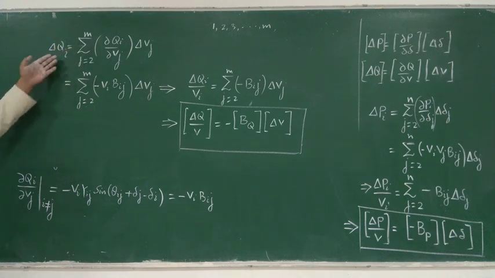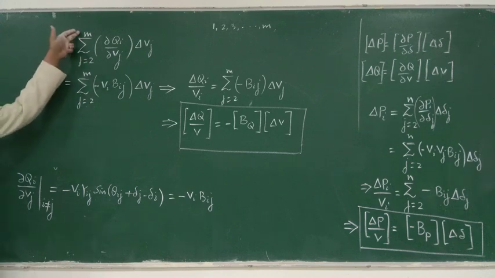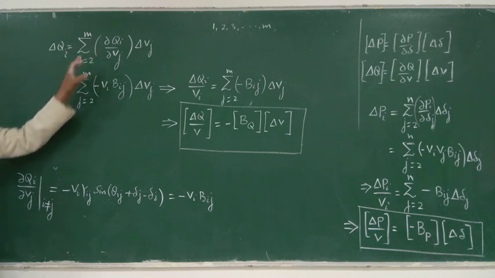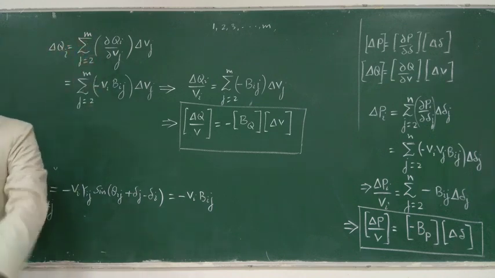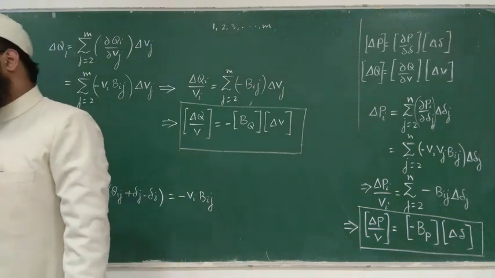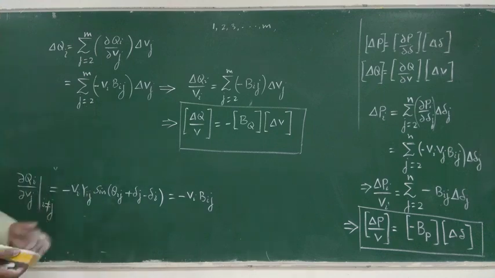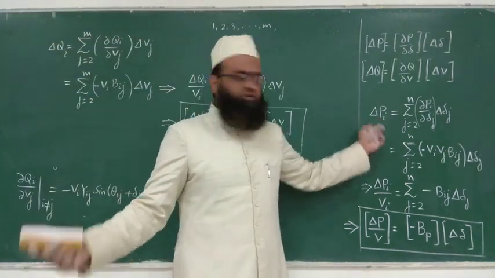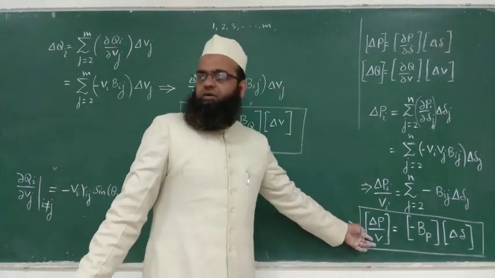Suppose you are writing for the 9th bus and the number of PQ buses is 20. So the 9th bus is also there. You can assume that also, but as you are already going to write certain quantities for the ith bus, there is no harm in not assuming this.